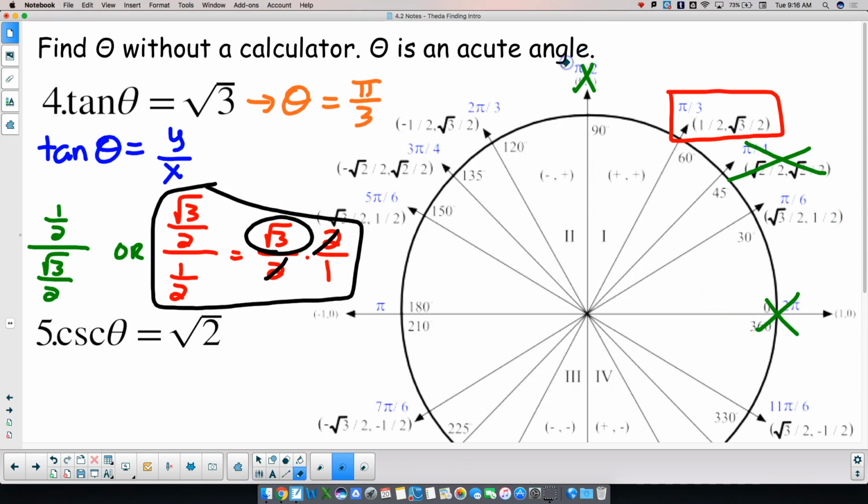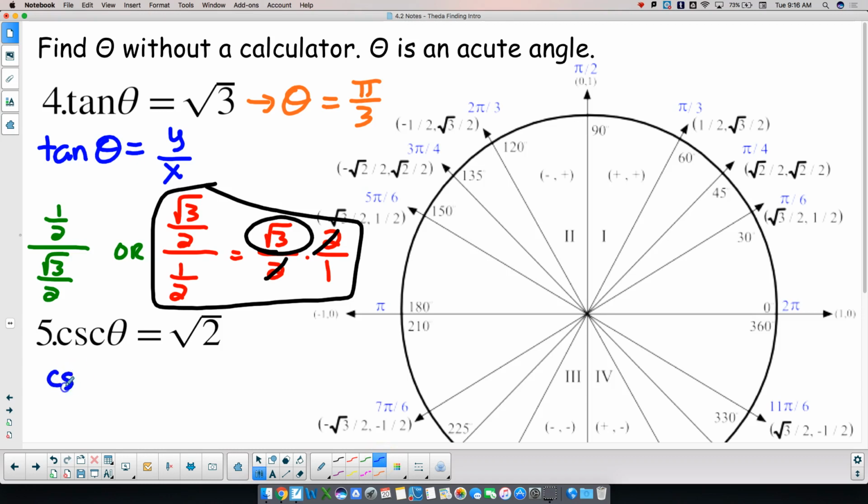Okay, so now I want cosecant to be the square root of 2. Well, cosecant is 1 over the sine of theta, which is 1 over y.